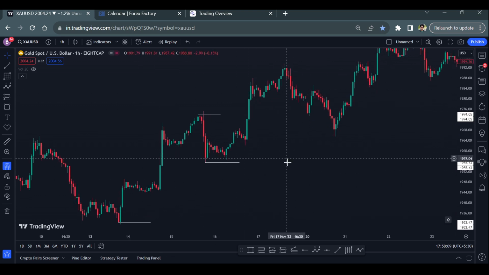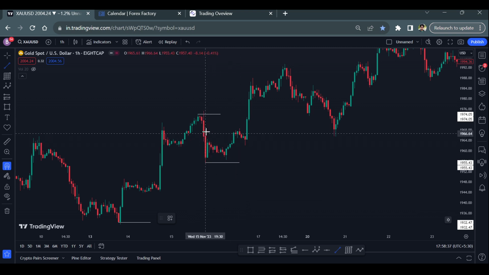If you keep mapping like this, at one point it will give us an entry. For example, I mark my low here. I didn't get a chance to take an entry anywhere here in this demand zone. A demand zone is nothing but, in a bullish market, the red candle, which we sometimes call an order block as well. It is demand, which causes the price to go higher.